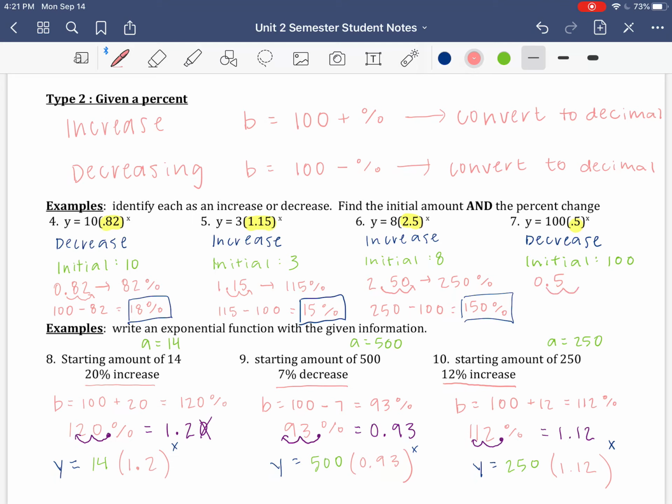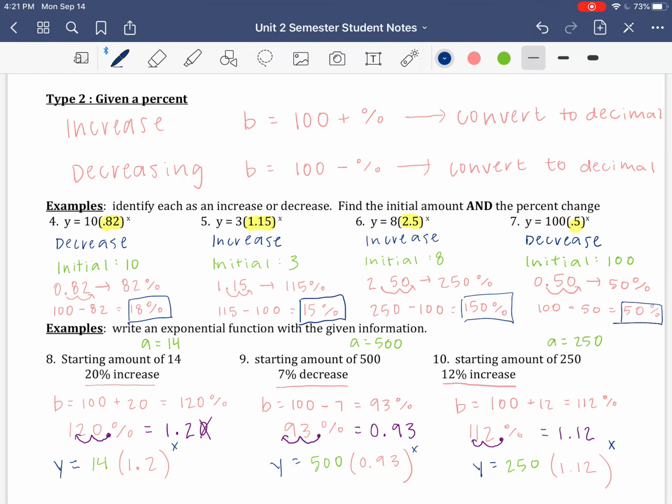So I move 2 to the right. And again, I ran out of spaces, so I have to put that extra 0. That's going to be the same as 50%. That's probably one you know off the top of your head. 0.5 is 50%. And then I need to do 100 minus 50, which shows me that we did have a decrease of 50%.